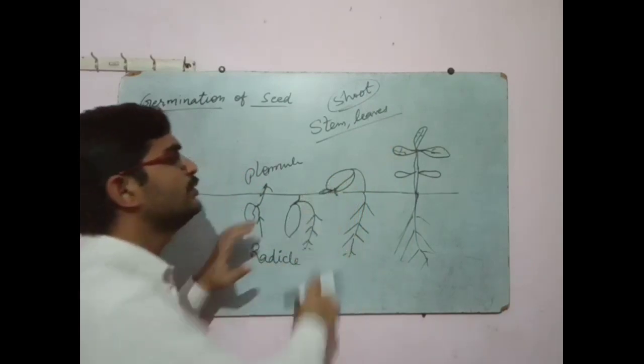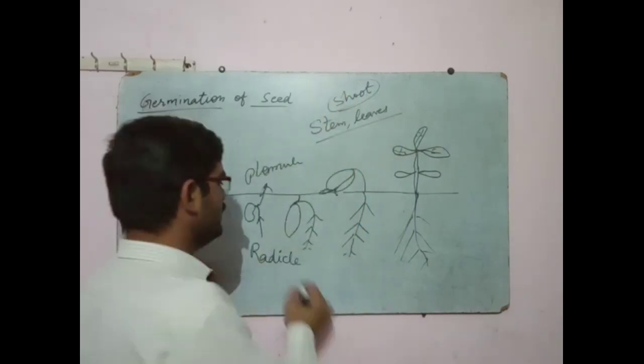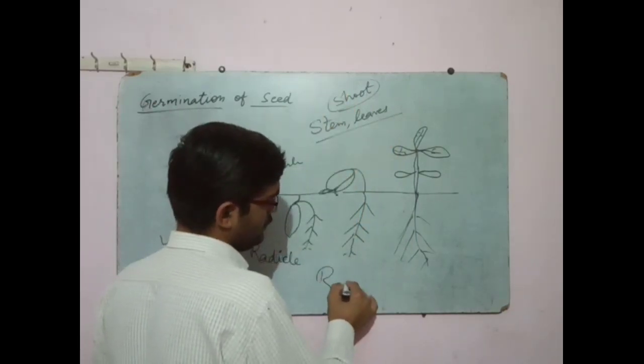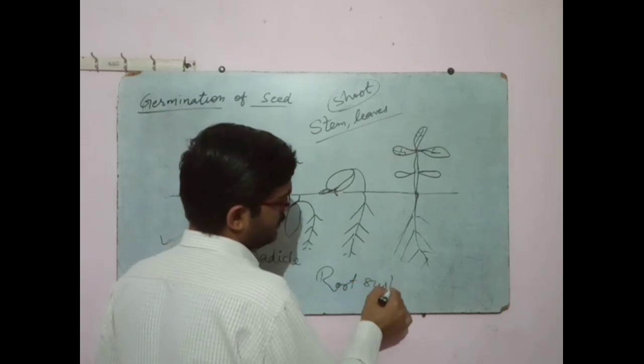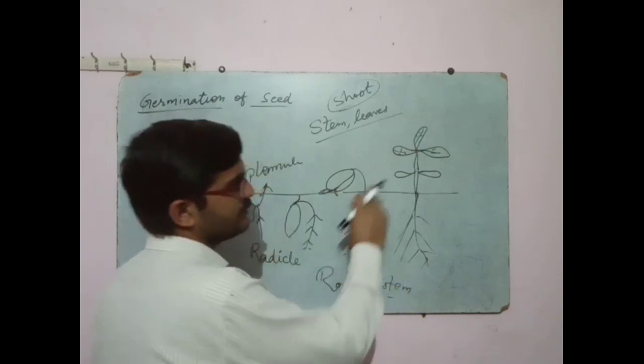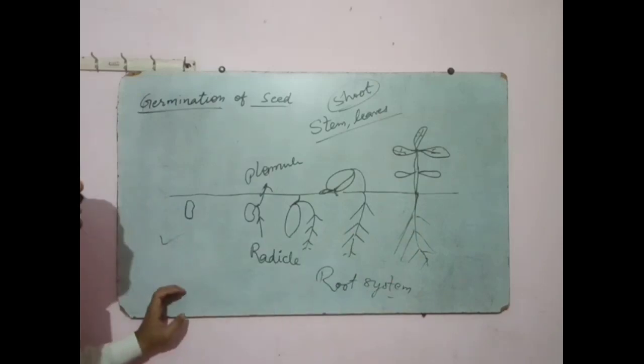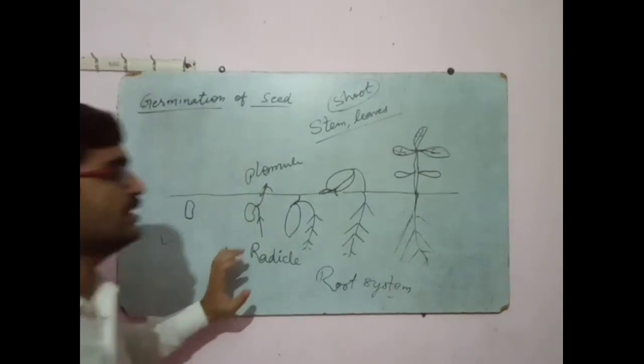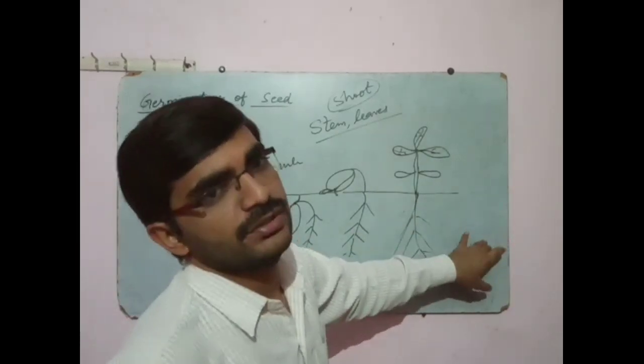The plumule becomes the shoot system and radical becomes the root system. It means it develops into roots, which is under the ground. These are some steps which are followed in the germination of the seed.